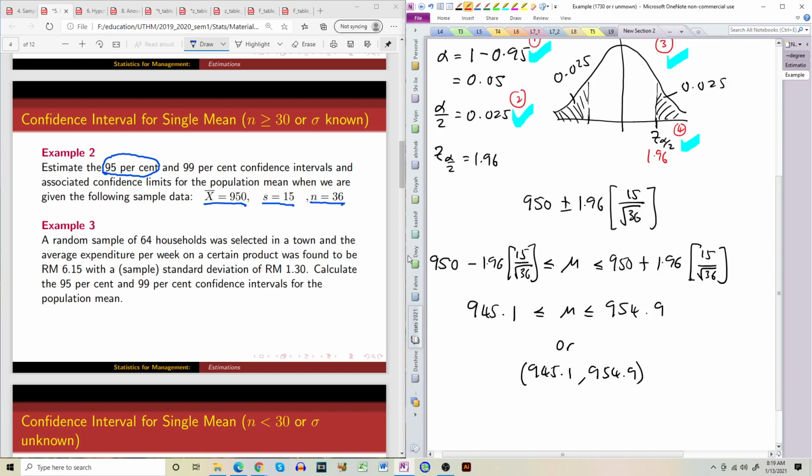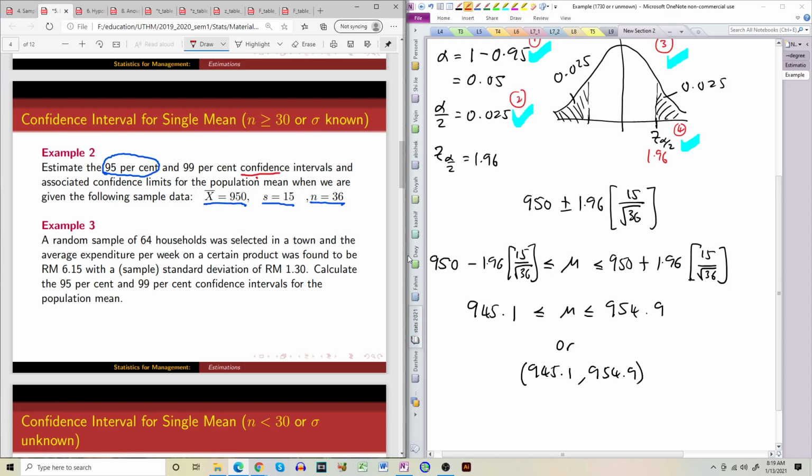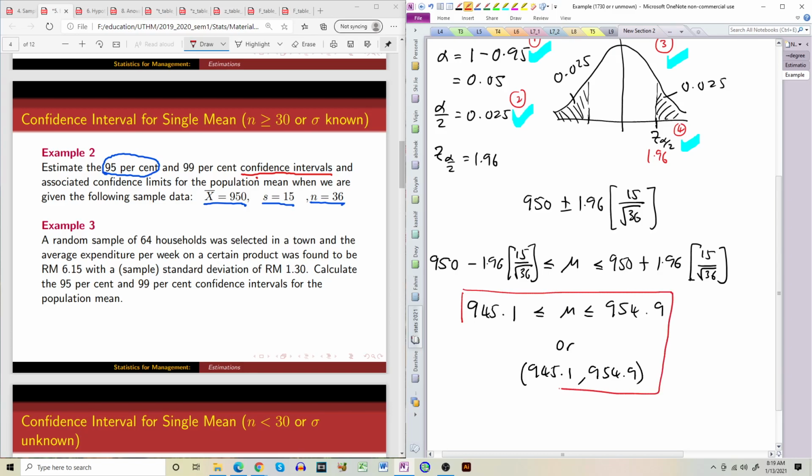So if the question asks you for the confidence interval, this is your confidence interval.